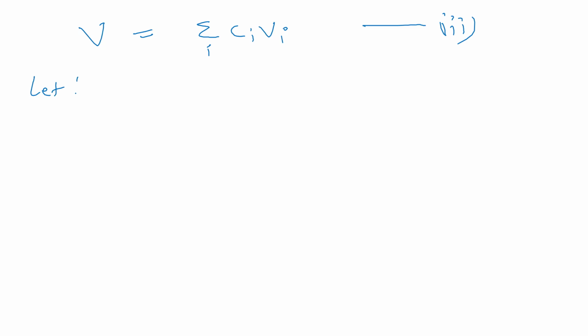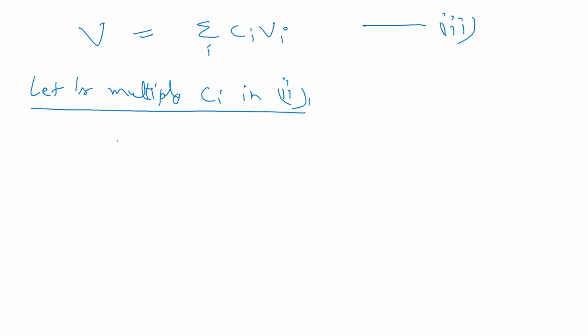So let's multiply Ci in equation 2. So we will get Ci Vi equal to Ci V plus Ci ui, and we will take the summation.